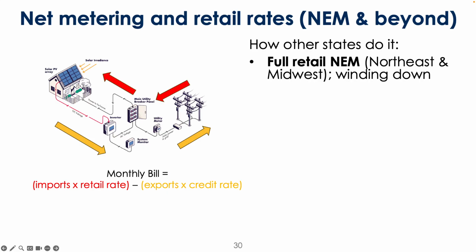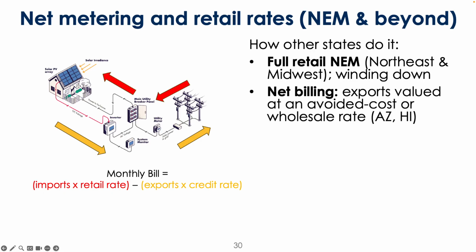A number of states are following the path of California, with full retail NEM, essentially like NEM 1.0, particularly in the northeastern states and some states in the Midwest. Similar to California, they're seeing some of the problems it causes, and a lot of those programs are winding down and using alternative net energy metering rates.